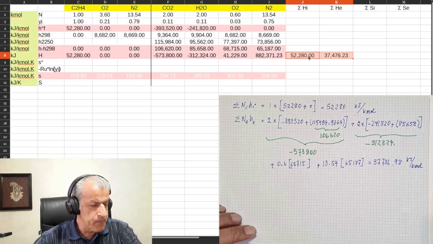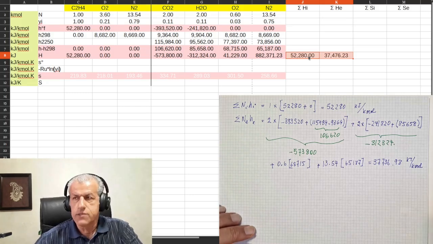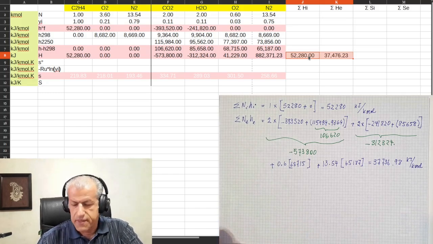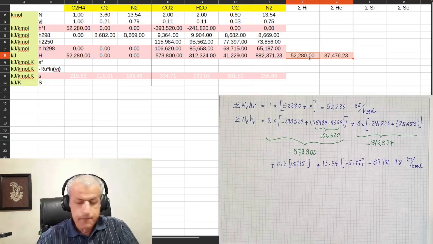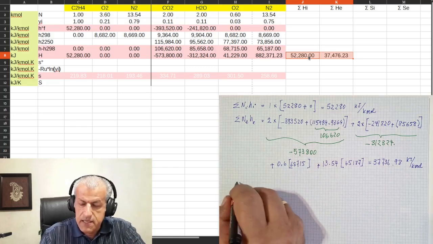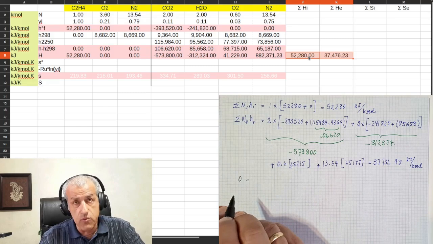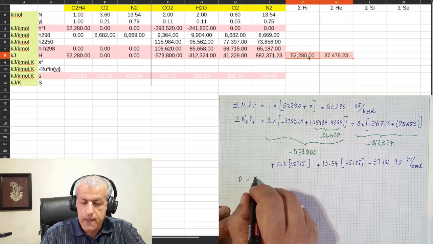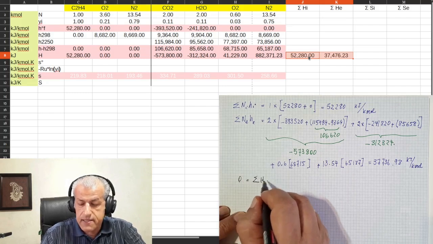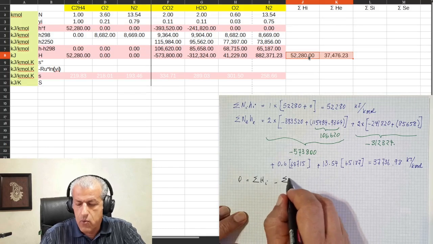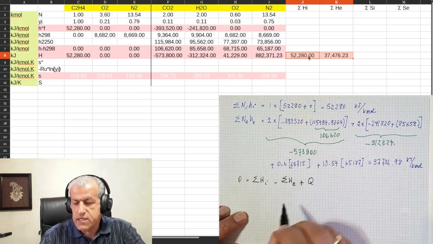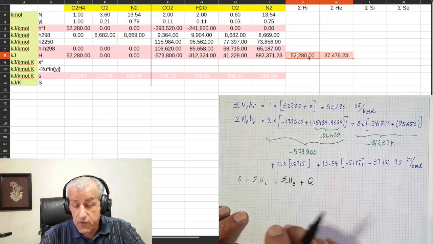5,228. Now, we could also write the first law of thermodynamics for this combustion. It would be 0, since we assume it to be steady state combustion. 0 equals whatever enthalpy enters our control volume minus whatever enthalpy leaves our control volume plus Q per kilomole of fuel.